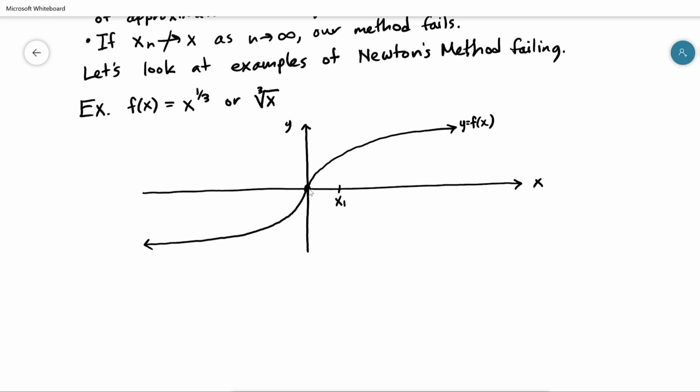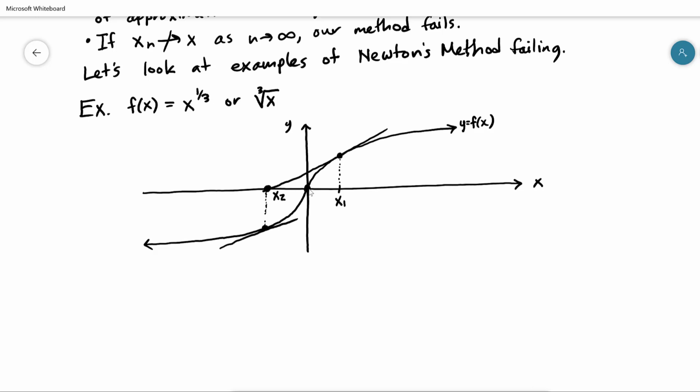Here's our x1. And what I do is go up to the graph right there, pick that point, draw our tangent line. Our tangent line looks like this. And we hit this point right here. And so this is going to be my x2. And from x2 we would do the same thing, go down to the function, find the tangent.